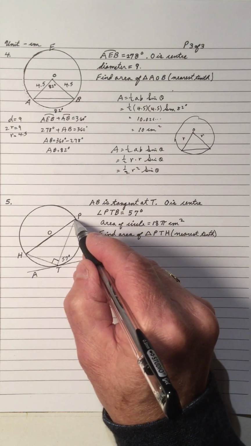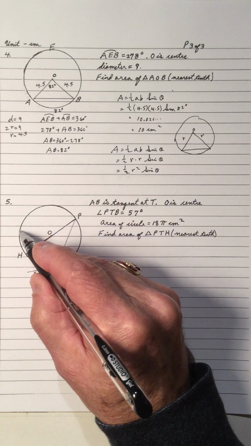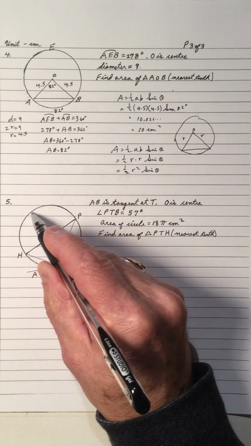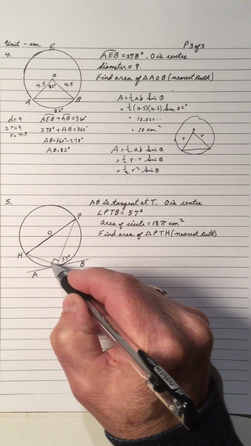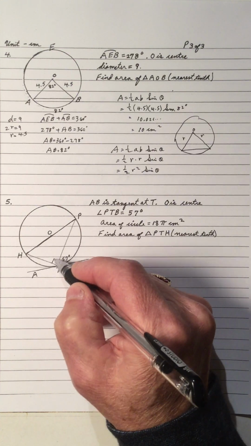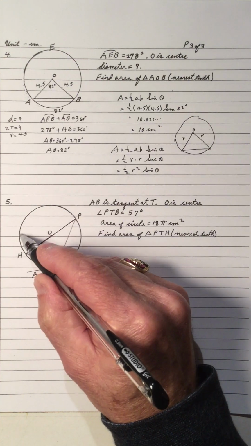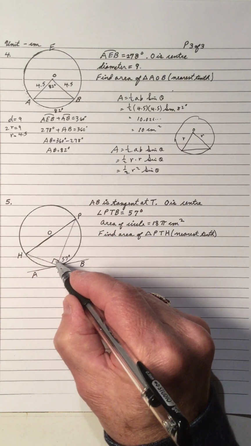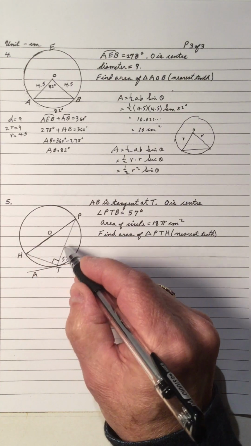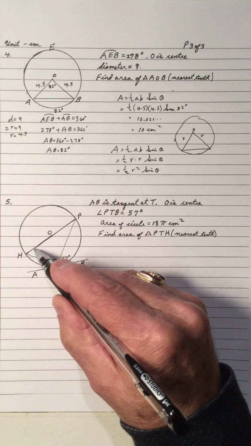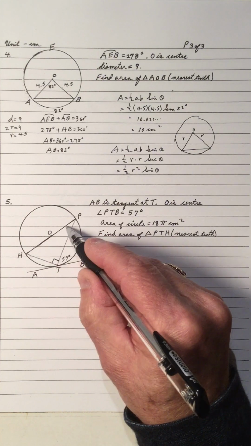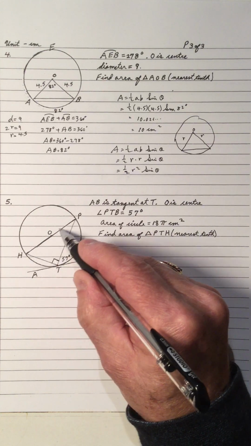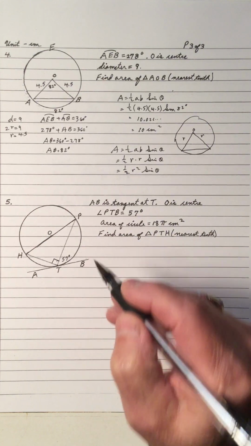Another way to think about it, this is 180 here. This arc is 180. So PTH is an inscribed angle, and the inscribed angle is half the arc. Since that's 180, this angle is 90. Or remember that this is a diameter, and this is an inscribed angle subtended by the diameter. So this diameter is 180, so this angle is 90.